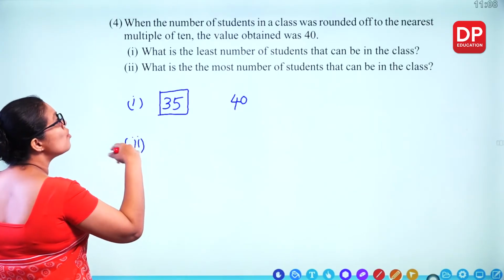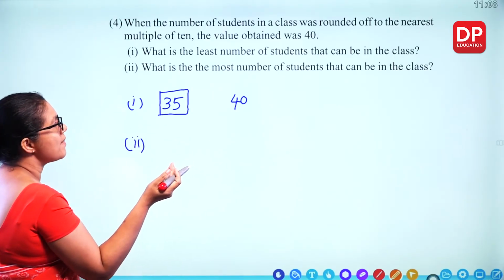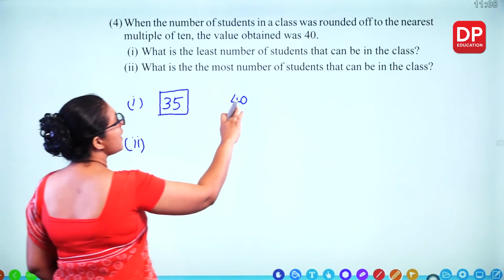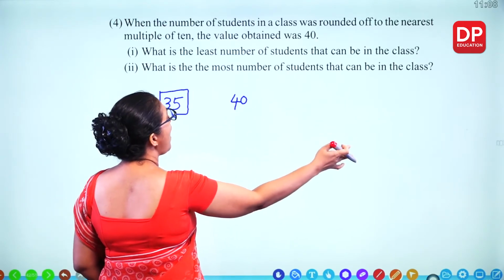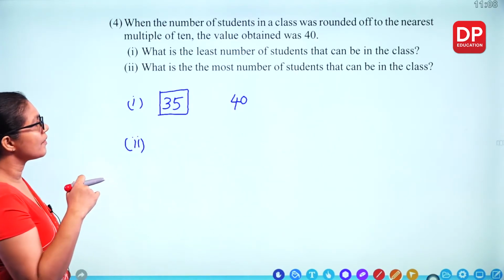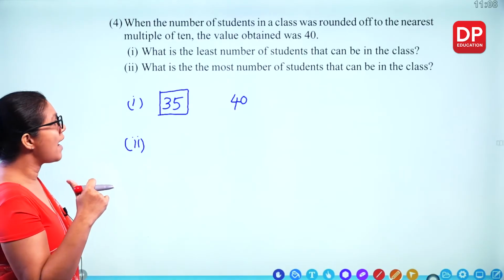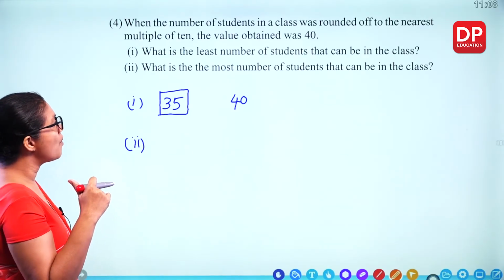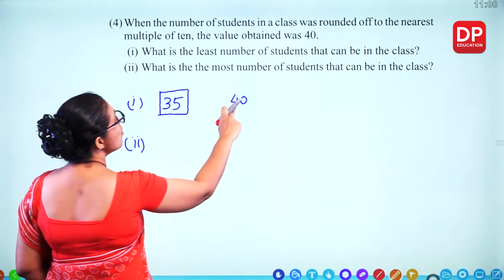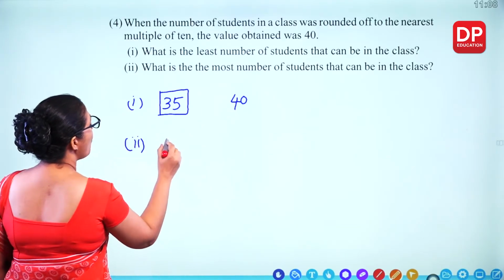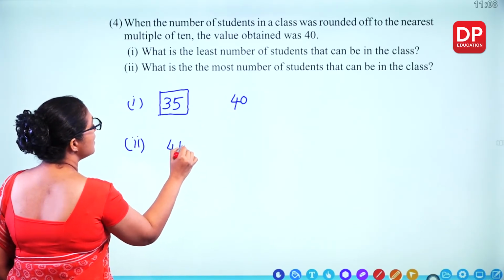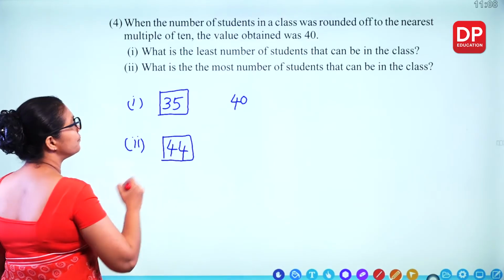Then what is the most number of students that can be in the class? Can you take 45? You can't take 45, so you can take only up to 44. So the highest number is 44.